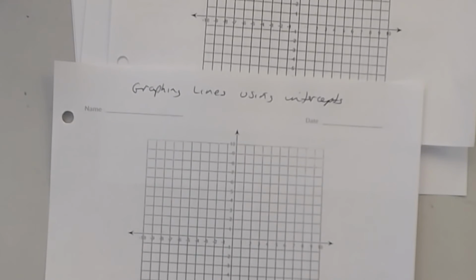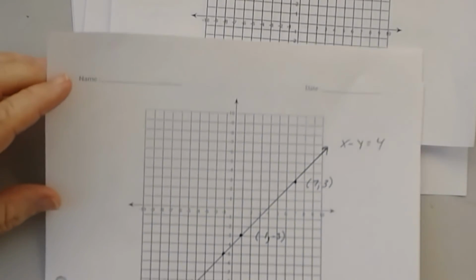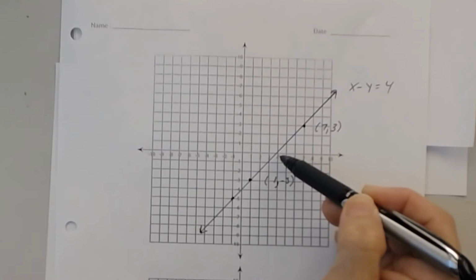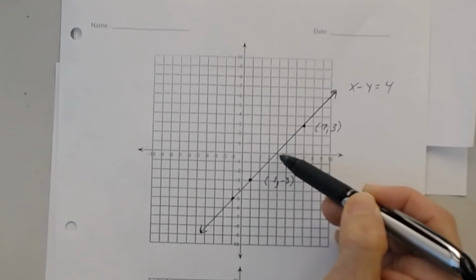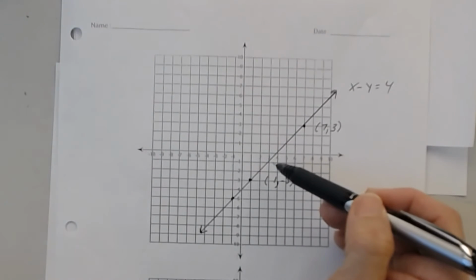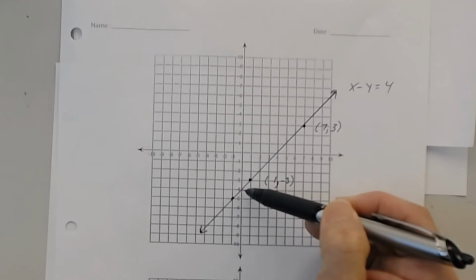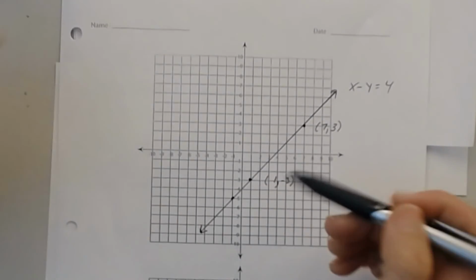Now, if I were to go back and just look at two of these for the moment, this point that I'm pointing at right here, that point is called the what? X-intercept. The x-intercept is where the graph crosses the x-axis. This point right here is called the y-intercept. That's where the graph crosses the y-axis.